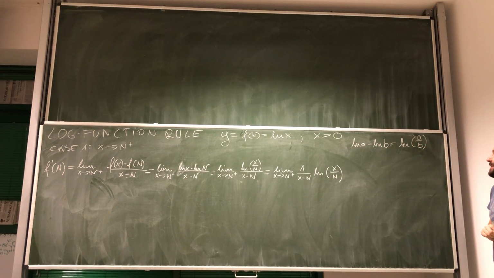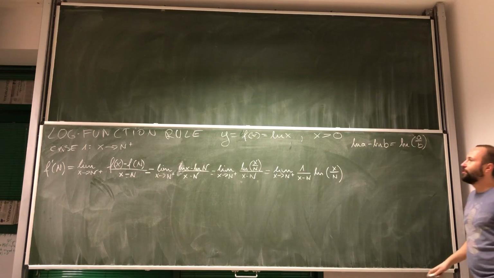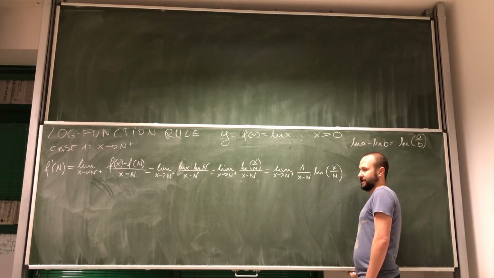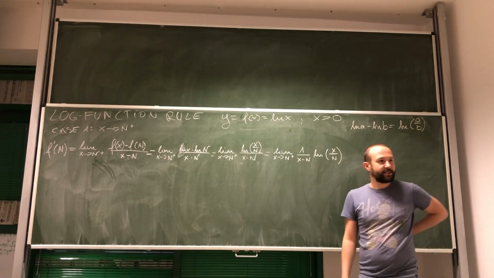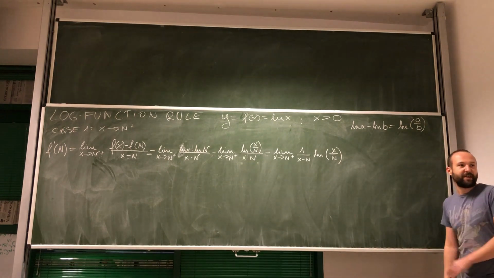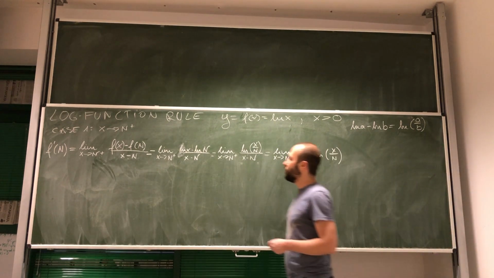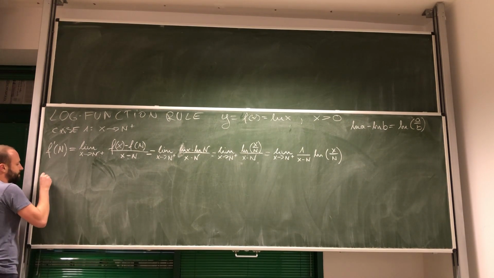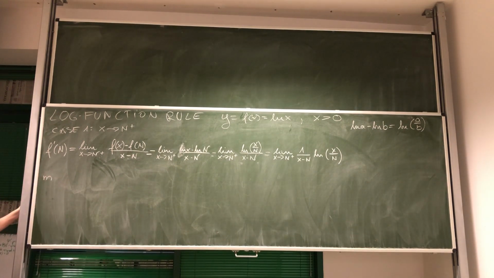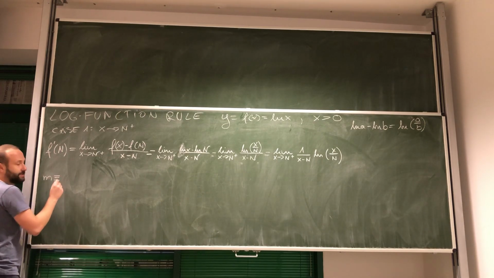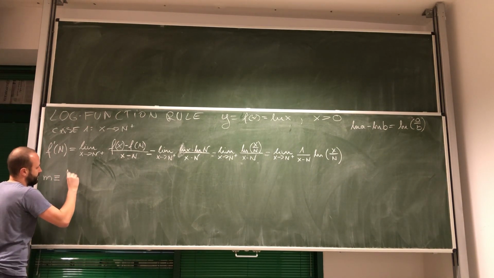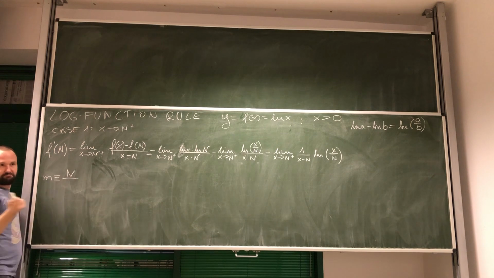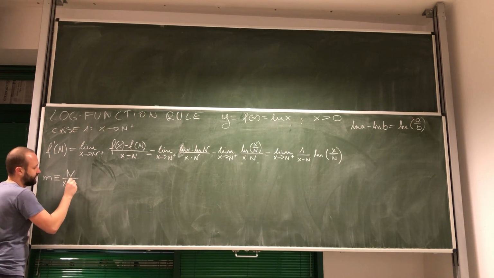And look, at this moment, we need to resort again to some tricks. And here, the trick is going to be to introduce an artificial variable. Our artificial variable, we're going to call it m, is going to be defined as n divided by, of course, x minus n.